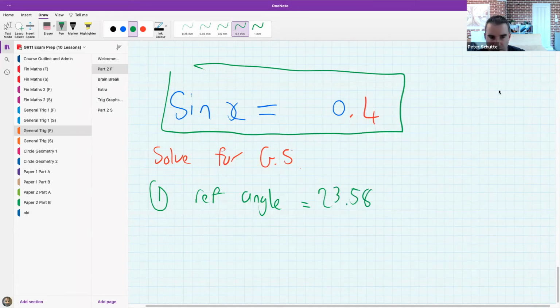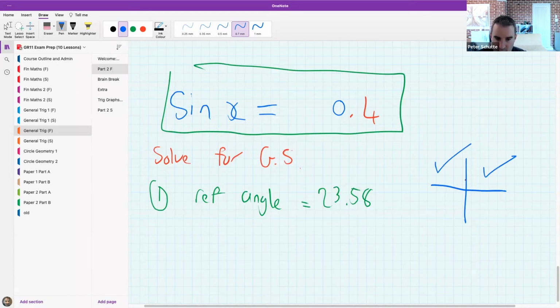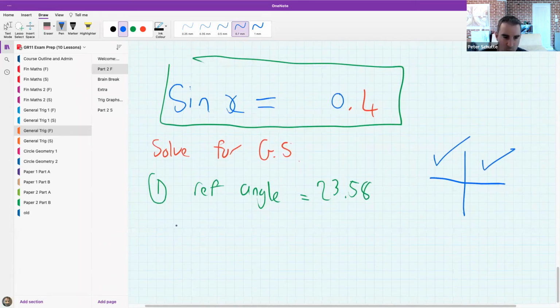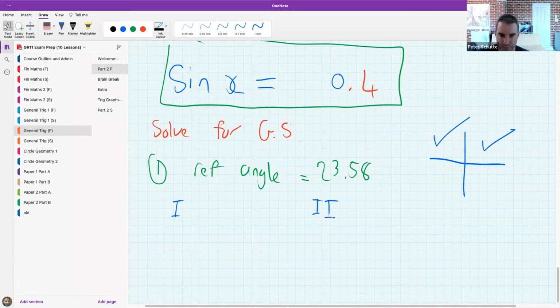Now that is not the general solution by itself, because the general solution needs to incorporate the quadrants where this is true. Sine x is positive in quadrants 1 and 2, which means I'm going to have 2 answers, one in quadrant 1 and another in quadrant 2.